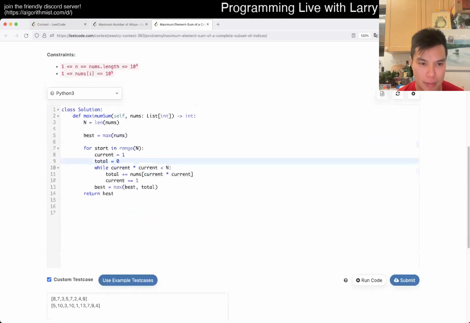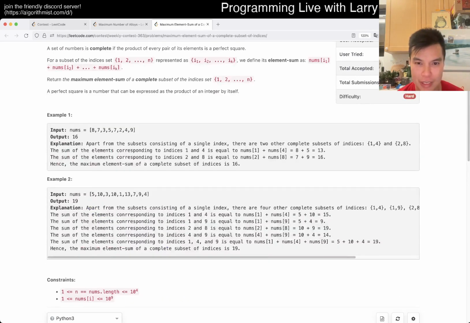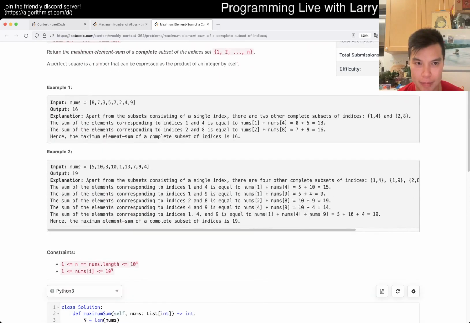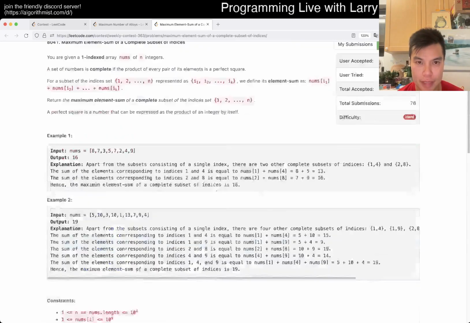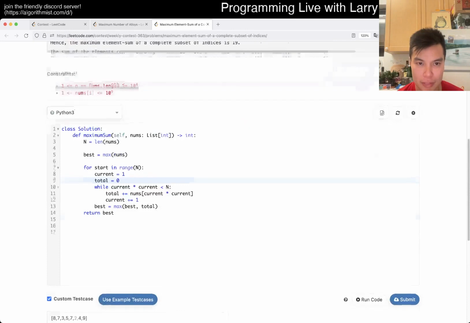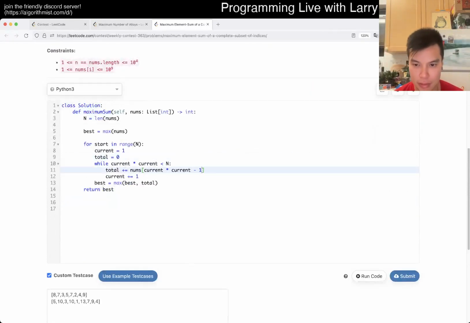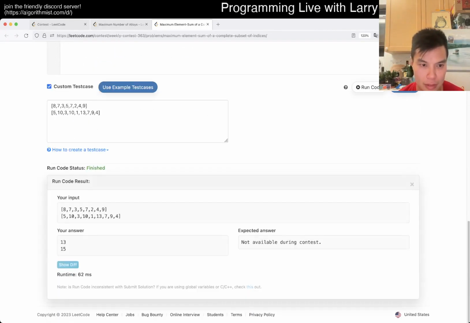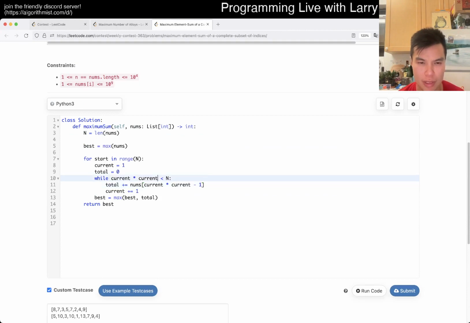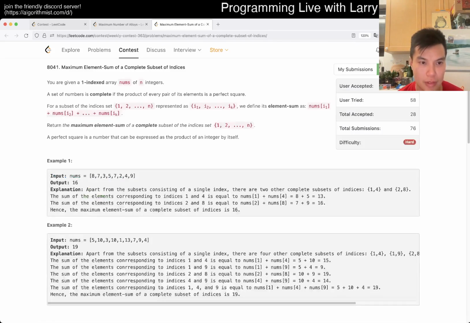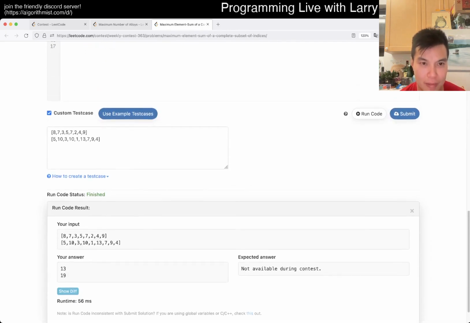14, 13. Why? How did I get 14? Oh, this is one index. I have to do a -1. Okay, fine. And so this is going to be equal to, okay, fine. 13, 19. Yeah, that's still wrong. Why?